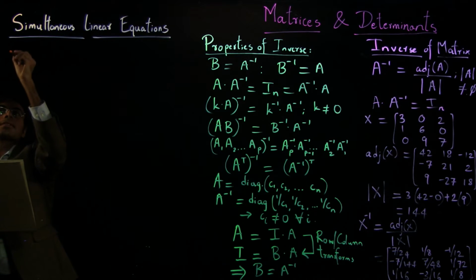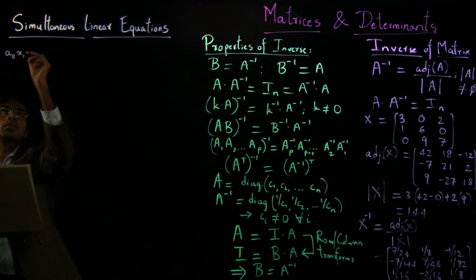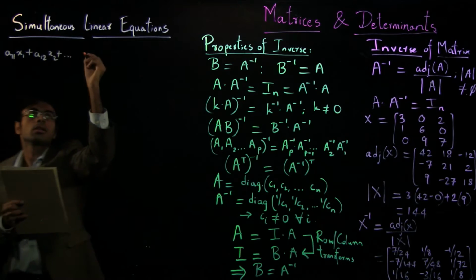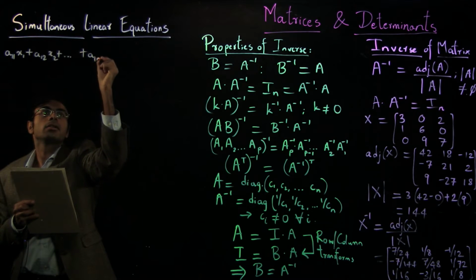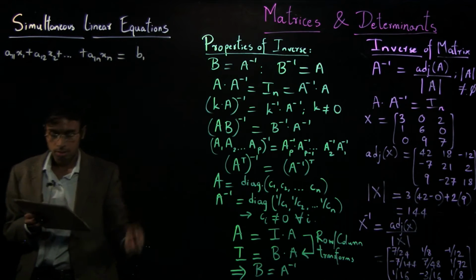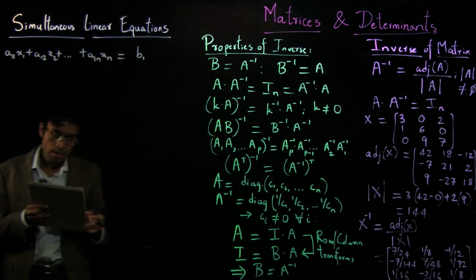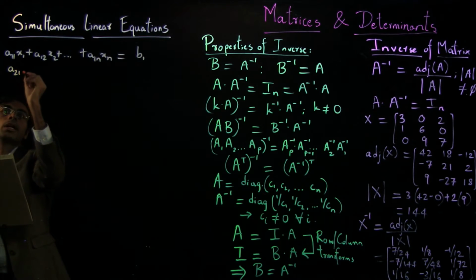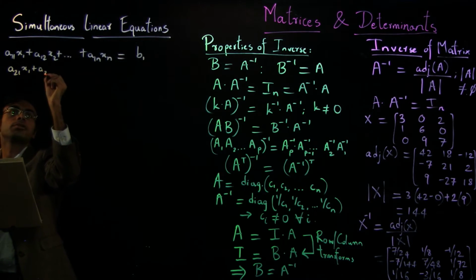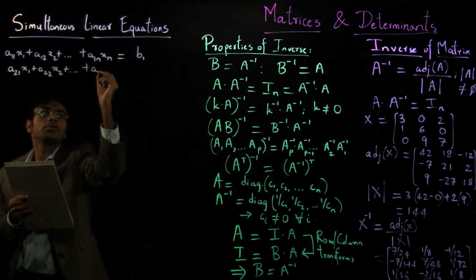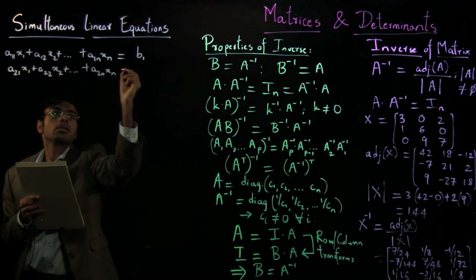We can write it as a11 times x1 plus a12 times x2 plus up to a1n times xn equals b1 for some constant b1. The second equation can be a21 times x1 plus a22 times x2 all the way to a2n times xn is b2.